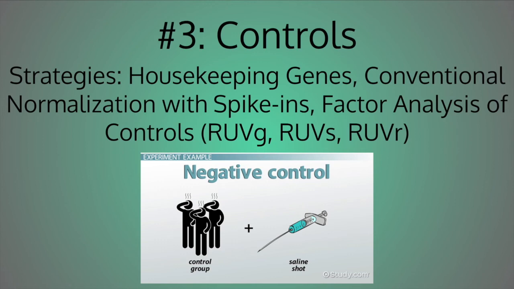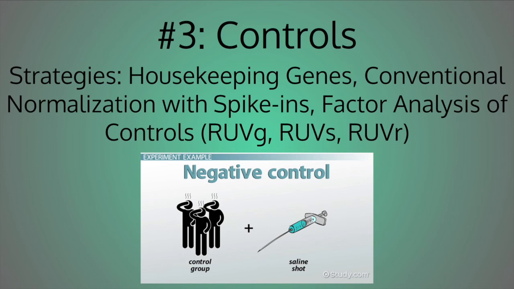Here you can look at specific housekeeping genes. You can try and use a conventional normalization with spike-ins, that means an increased emphasis on certain genes that you believe are going to be non-differentially expressed between the different experimental conditions.